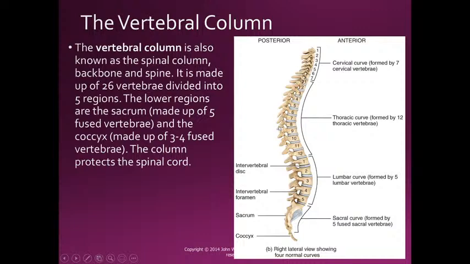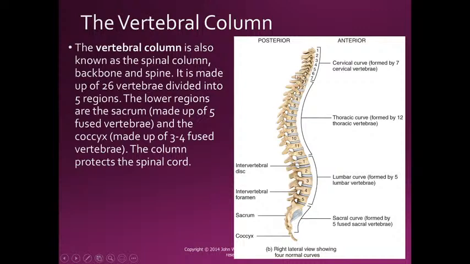You'll find these facets and demifacets both on the vertebral body as well as on the vertebral arch, and so the rib may articulate in two places. Only thoracic vertebrae will articulate with ribs, and ribs will only articulate with thoracic vertebrae.